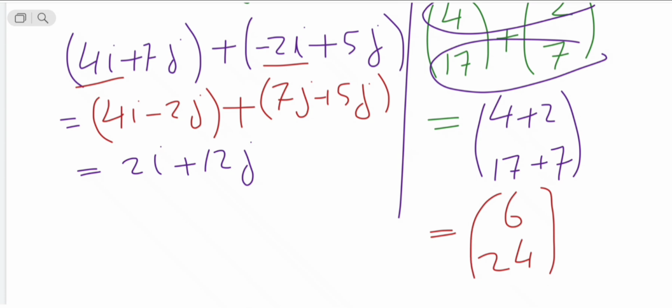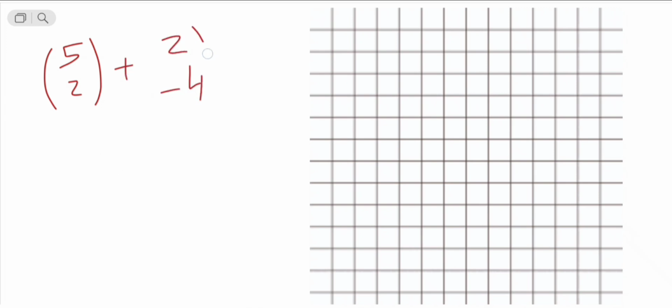Now we will add two vectors by using the graphical way. Okay, for example, the question is given, the vector, it can be given in a different way, no problem, same. For example, it is given vector 5, 2 plus 2, minus 4.